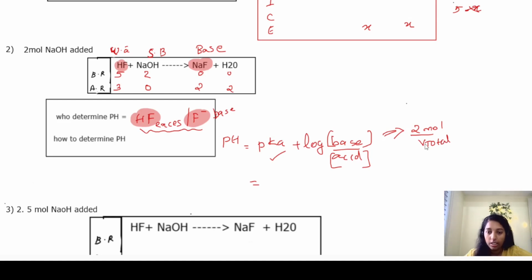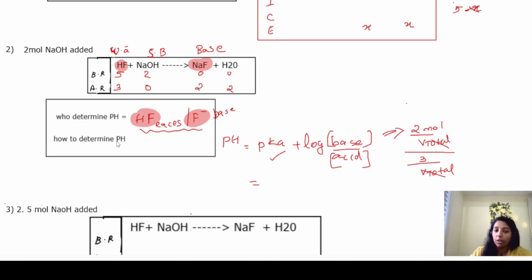So the V total, as we did in the previous case. Similarly, the acid is 3 over V total. But in this case, V total will cancel out. So that's why in this case you can just consider the molar ratio of the base over acid.